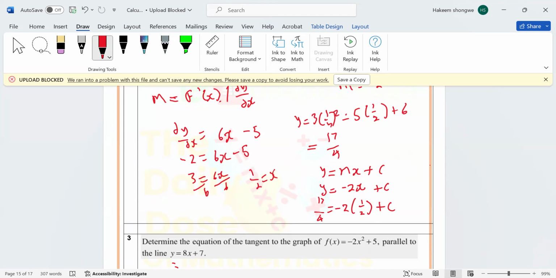You punch your calculator, c is equal to 17 over 4 plus 1, which is 21 over 4, if I'm not lying. Therefore, y is equal to negative 2x plus 21 over 4. Thank you.